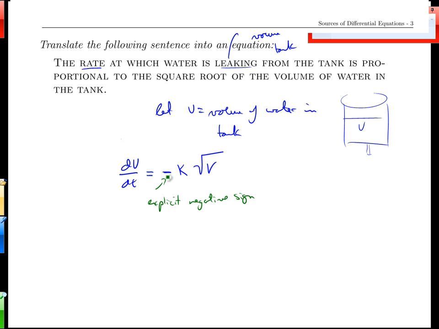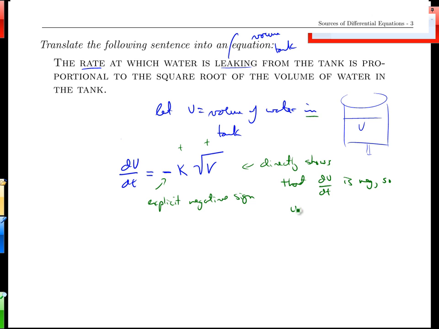The reason it makes sense to put a negative sign here is because V, being the volume of water in the tank, if that's a rate of change of the volume with a leak, it'll have to be negative. That way we can keep our constant positive. This is a positive square root. And so this explicitly tells us at a glance that we've got the volume decreasing. That dV/dt is negative.